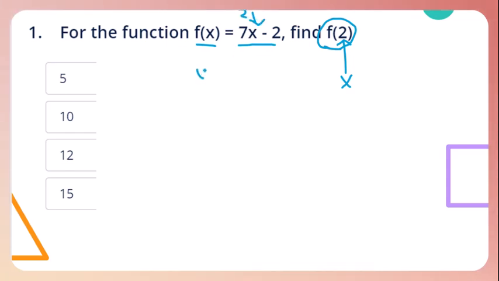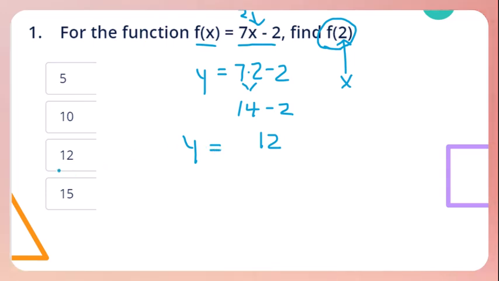So I'm going to write it as y equals 7 times 2 minus 2. Now 7 times 2 is 14, and then 14 minus 2 is 12. So y equals 12, and your answer is here.